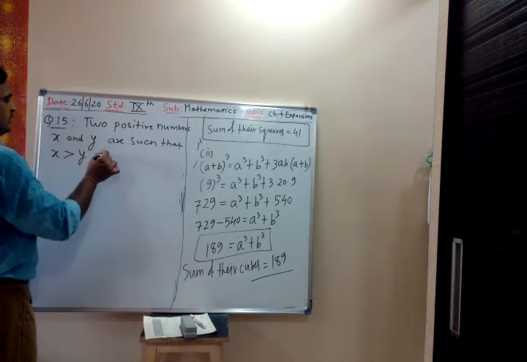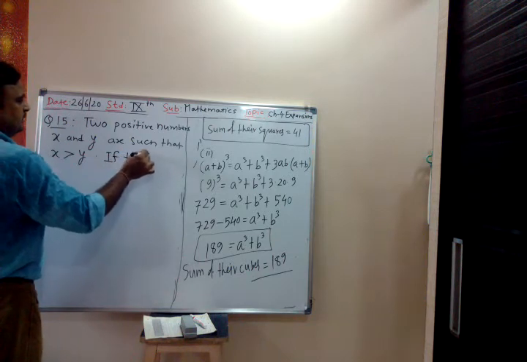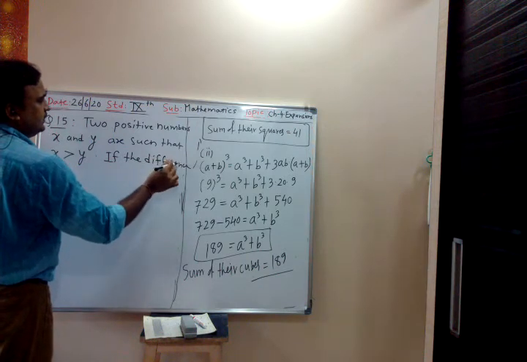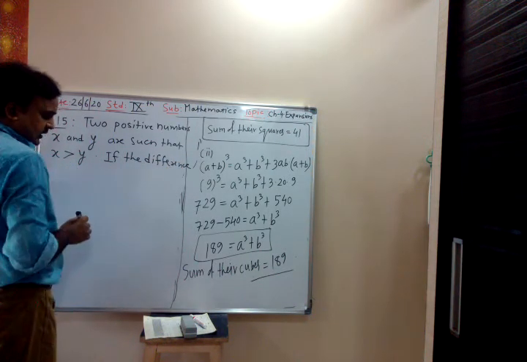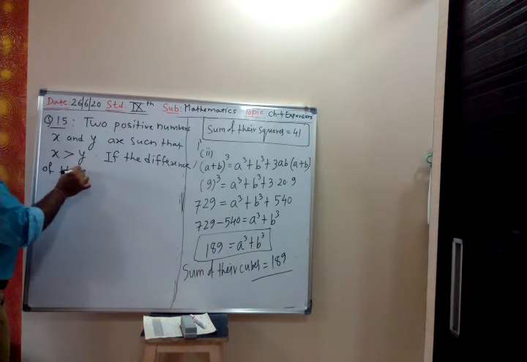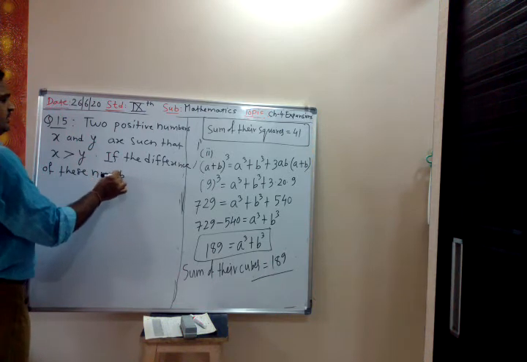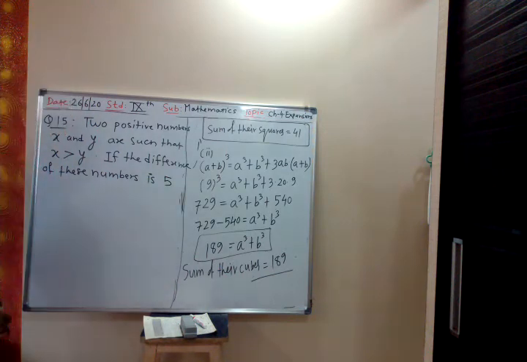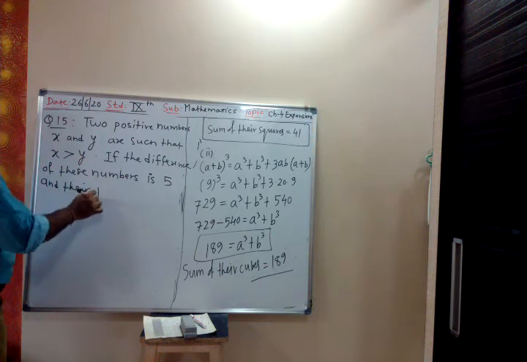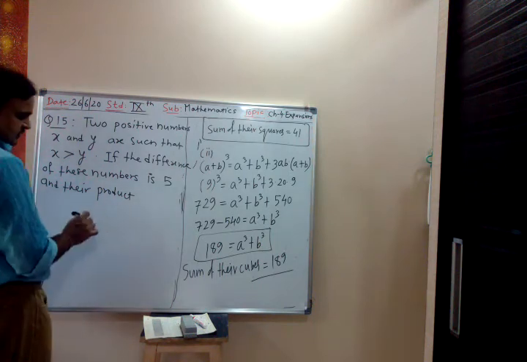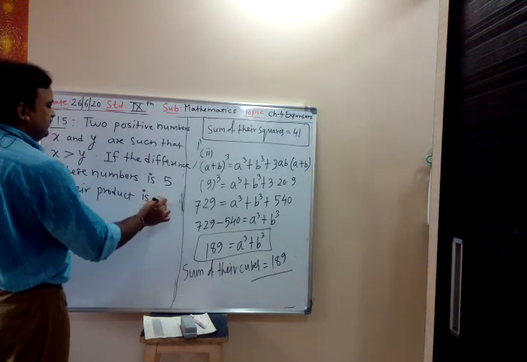If the difference of these two numbers is 5, and their product is 24.